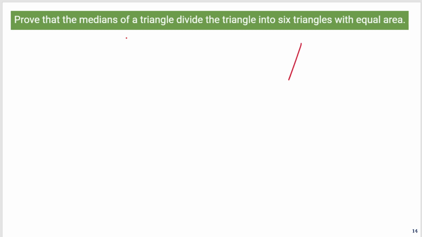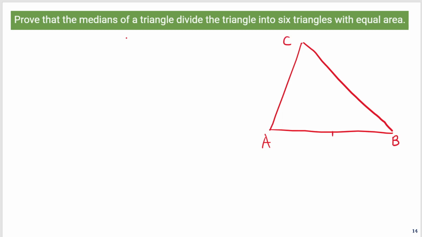Okay, for example, if we have a triangle ABC, and this is the midpoint of AB, then this is a median. This is the midpoint of BC. Let's call this point D, this point F, this point E. Then these are the 3 medians of the 3 sides, right?